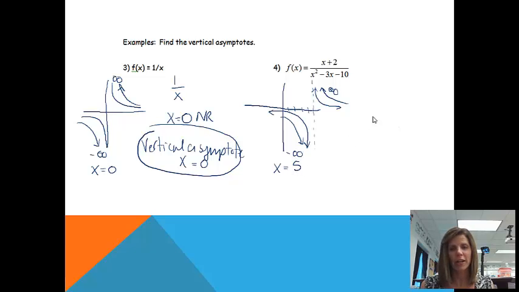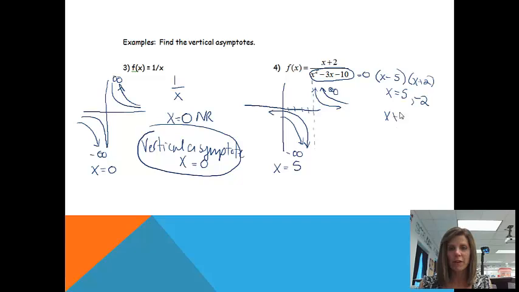Looking at it analytically without using my calculator, let's look for discontinuities. I know discontinuities occur where the denominator equals 0. So where does that denominator equal 0? Let's go ahead and factor it. That would factor as x minus 5 times x plus 2. So I know there are discontinuities happening at x equals 5 and x equals negative 2.